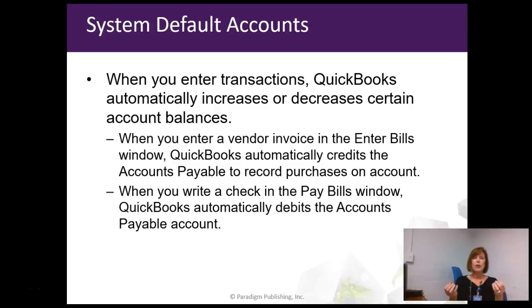It may not necessarily recognize what the debit side of this is, but it absolutely knows that it's going to be a credit to cash. Whereas when you enter a vendor invoice in your enter bills, it will credit the accounts payable.